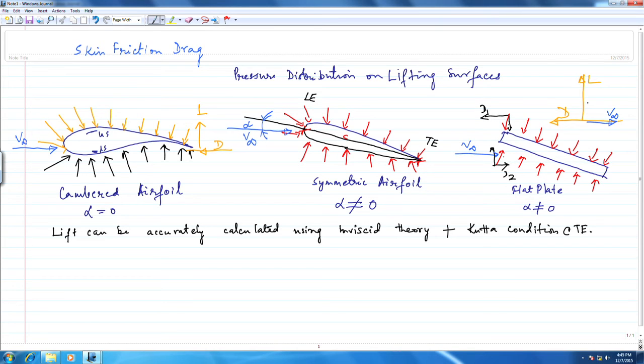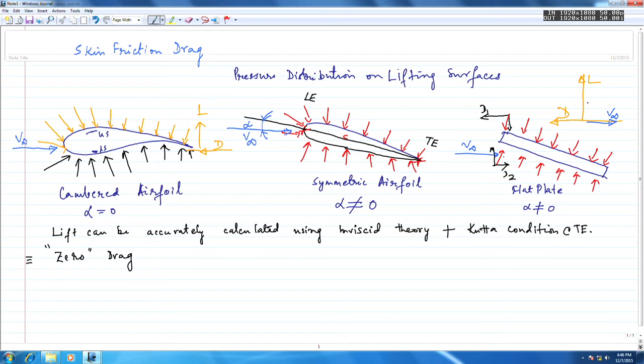These arrows basically indicate pressure direction. So, if I use this principle, where I can accurately calculate the lift from inviscid theory, it does not result in any drag, it actually results in zero drag. This is not possible; by now we've talked about boundary layers for some time, and it's a physical impossibility.